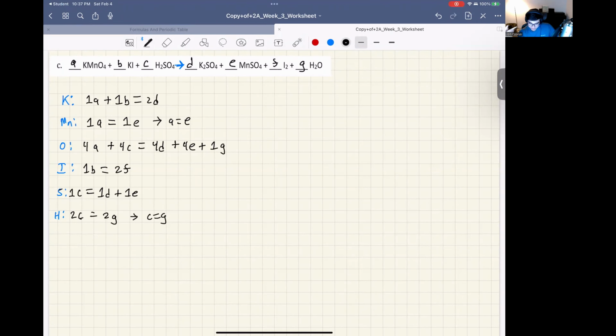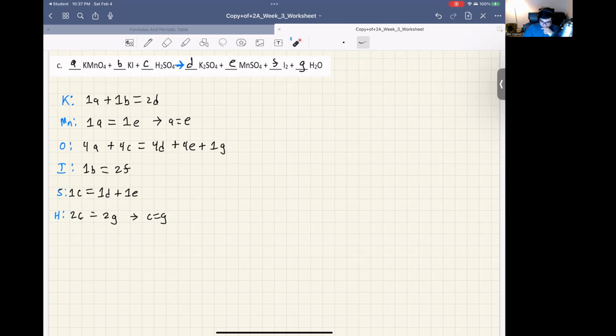If I plug in A into this one, no, then you still have G. So you get rid of G for C. And you have D in terms of A and B. So if I plug in A here and C here, I could then get A and C and D related.